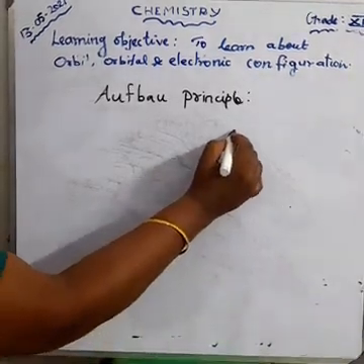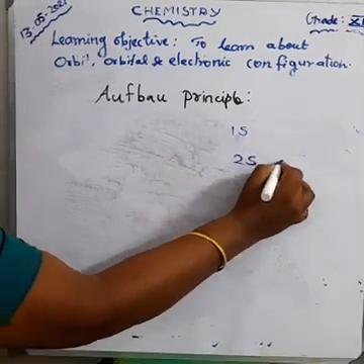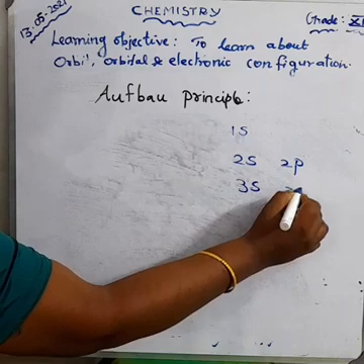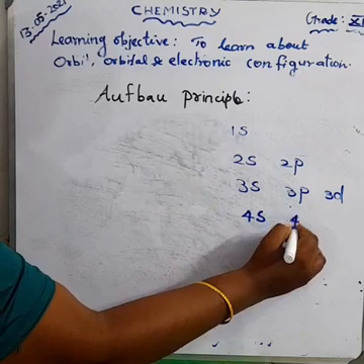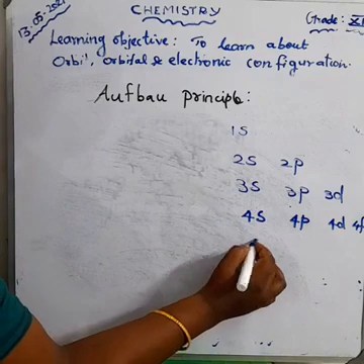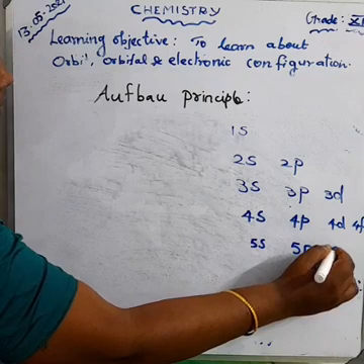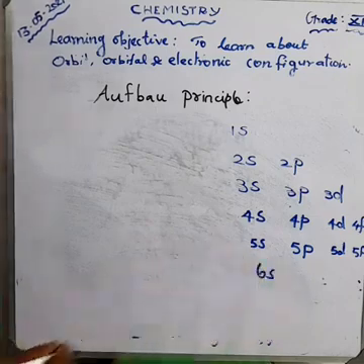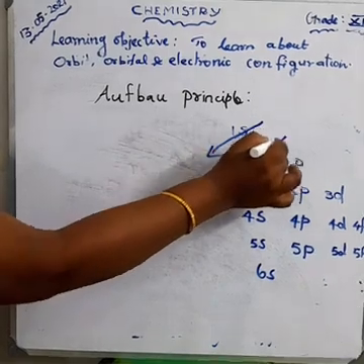Lowest energy orbital means first 1s, then 2s, 2p, and 3s, 3p and 3d, 4s, 4p, 4d and 4f, 5s, 5p, 5d, 5f, 6s. This is the order of lowest energy orbitals first.